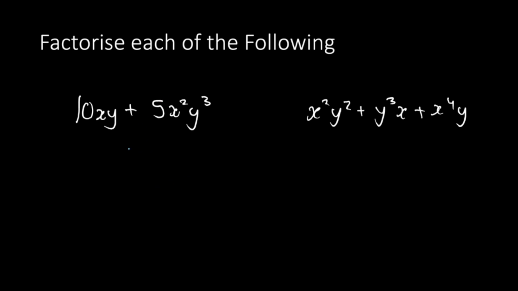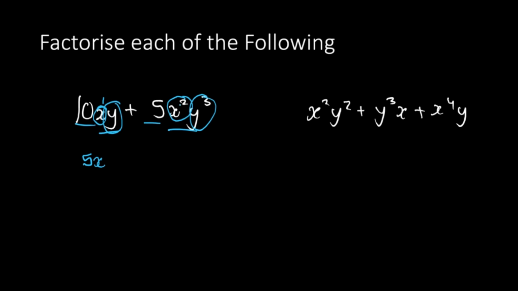Now for this one. In this situation, there is a number and 2 letters for each term. It's the same thing as before, but you would have to take into consideration the other letters. Okay, so in this case there's an extra letter, y. A common factor for the numbers would be 5. A common letter for both of these terms would be the lowest power, so x to the power of 1, so x.